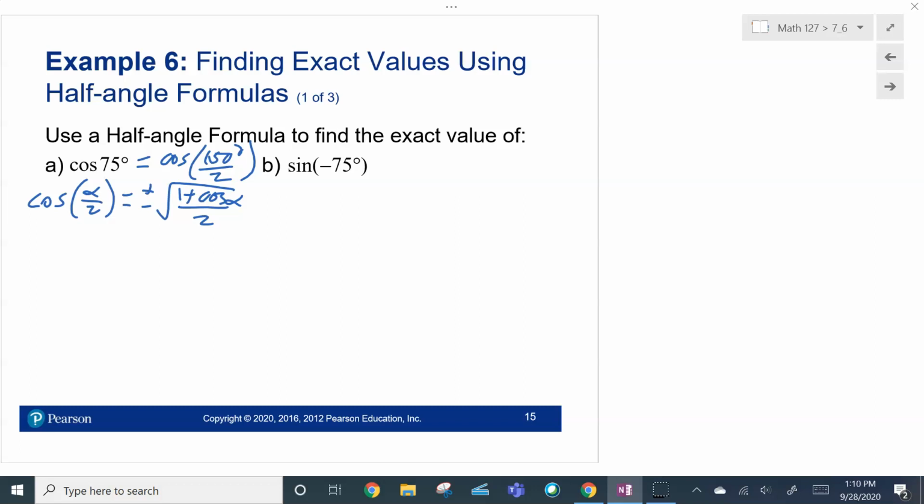Now, first of all, 75 degrees is the alpha over 2. Where's 75 degrees? Well, it's right here. So the cosine is what? Positive, right? The x value, that cosine is positive. So I know it's the positive one.